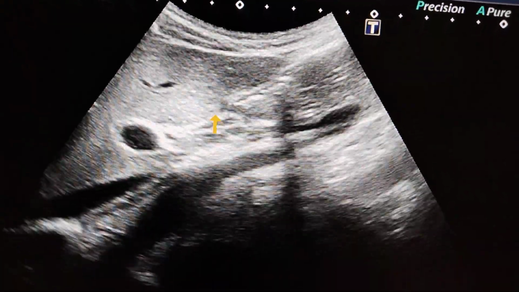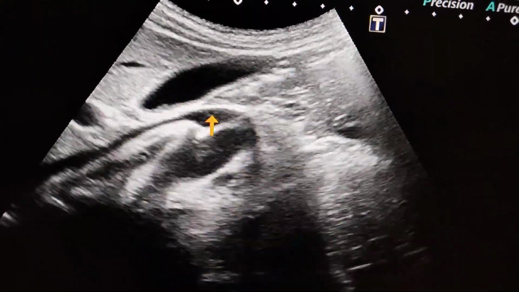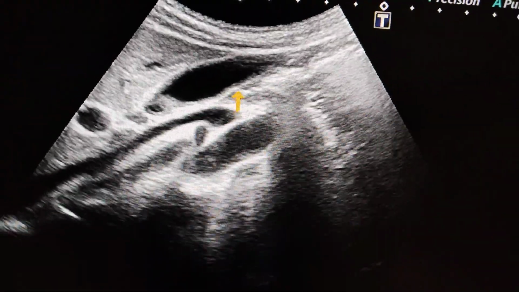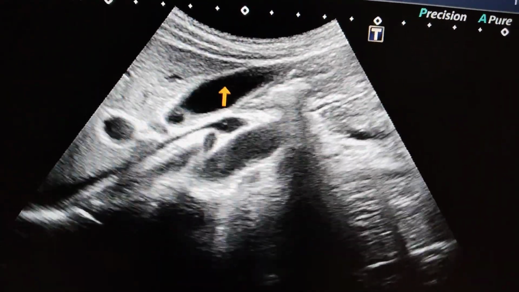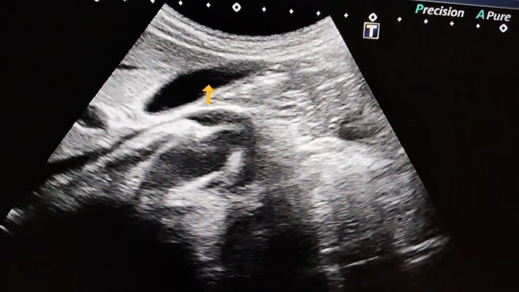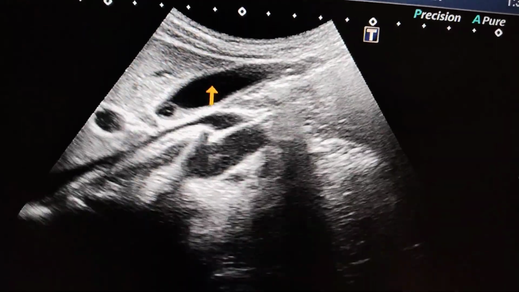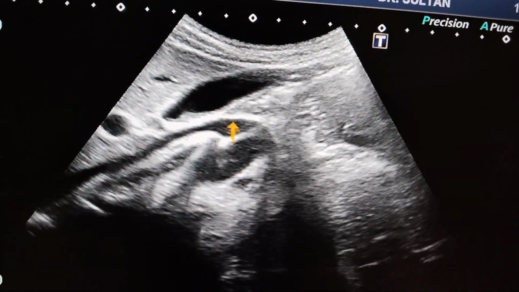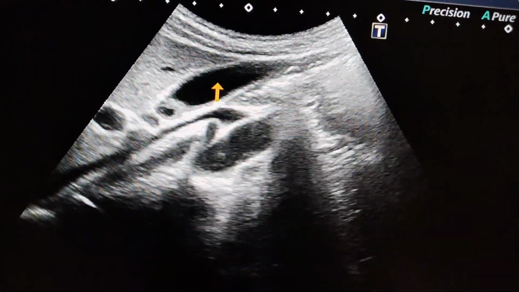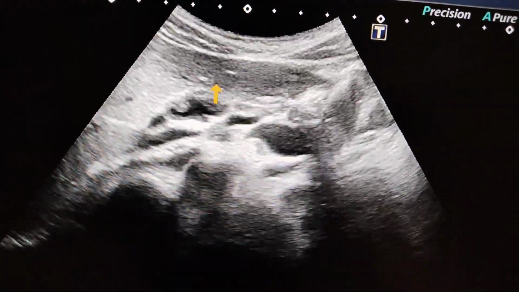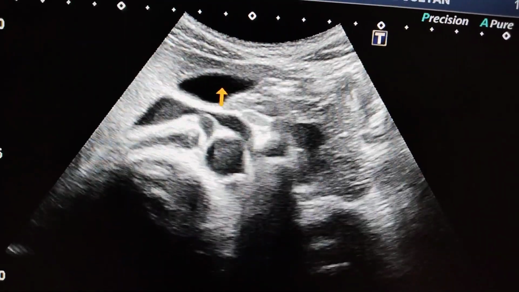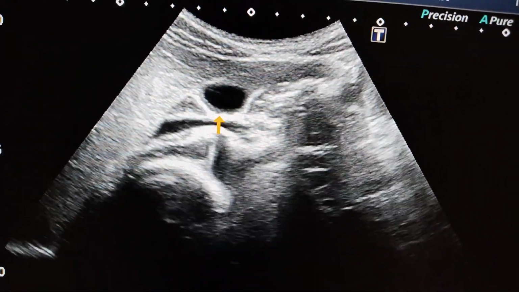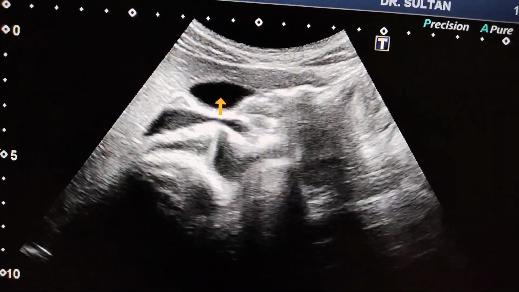So when there will be the pathology, we should remember the shape, blackening of the gallbladder, smooth walls, acoustic enhancement, no internal echoes. And this is the longitudinal view, we can also have the transverse view of the gallbladder.